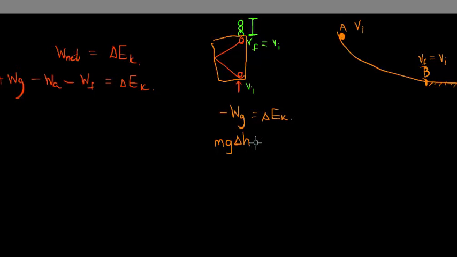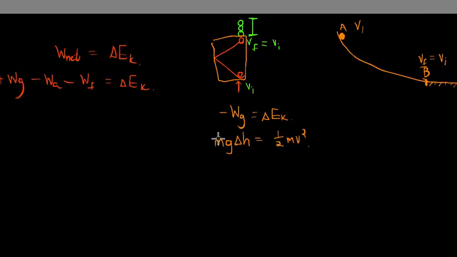Now this time we don't use that delta x sine theta because it's going vertical. There's no angle involved. It's a 90-degree angle actually, so cos theta would not apply here. In other words, here I'm just talking about the height. The change in my height is equal to a half mass velocity squared.